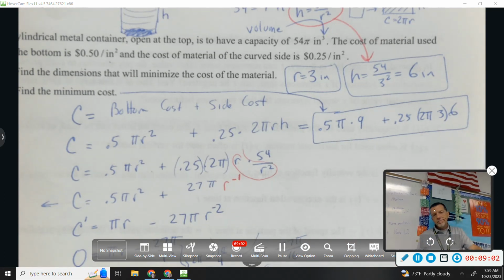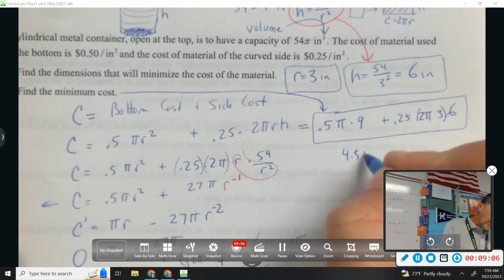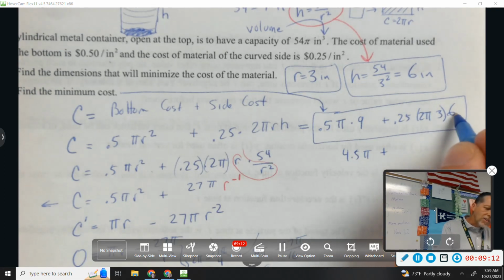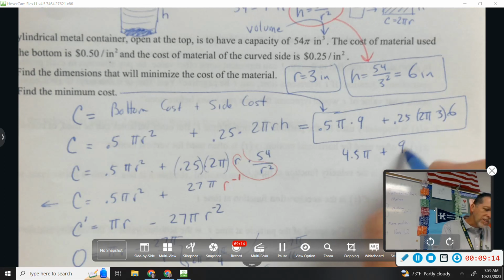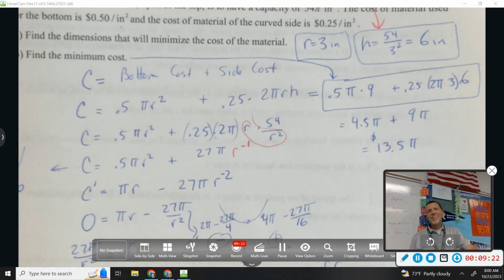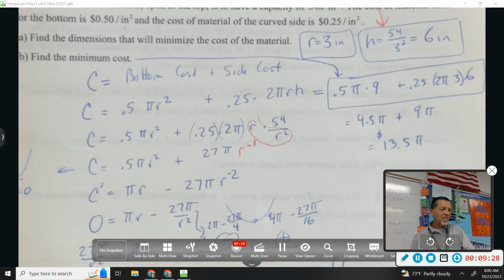I mean, clean it up if you want to. 4.5 pi plus, let's see, 6 times 6 is 36. A fourth of 36 is 9. 13.5 pi dollars, which is a weird answer, right? Like if you were actually doing this problem, you would multiply by pi to figure out how much this thing's going to cost.